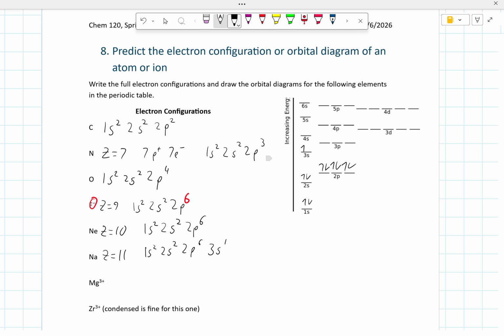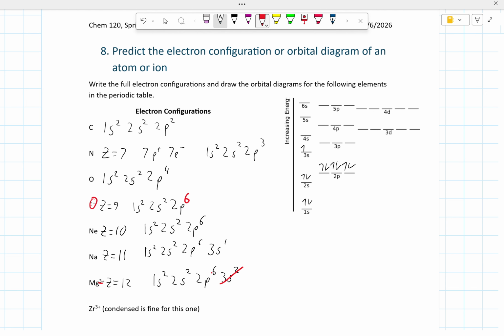Magnesium 2+. So magnesium has an atomic number of 12. So I'll do 12 electrons, 1s2, 2s2, 2p6, 3s2. But now, because it is magnesium 3+, I want to remove my 3 highest electrons.